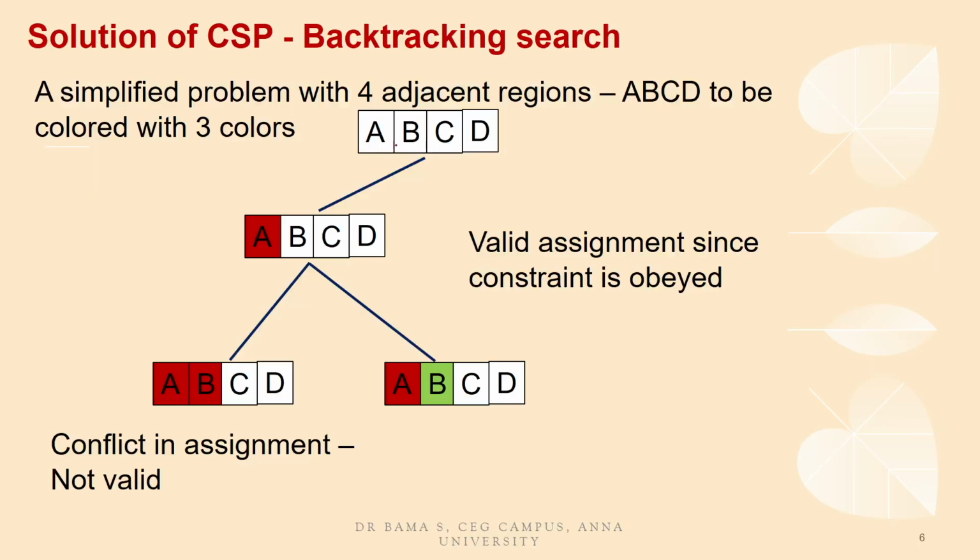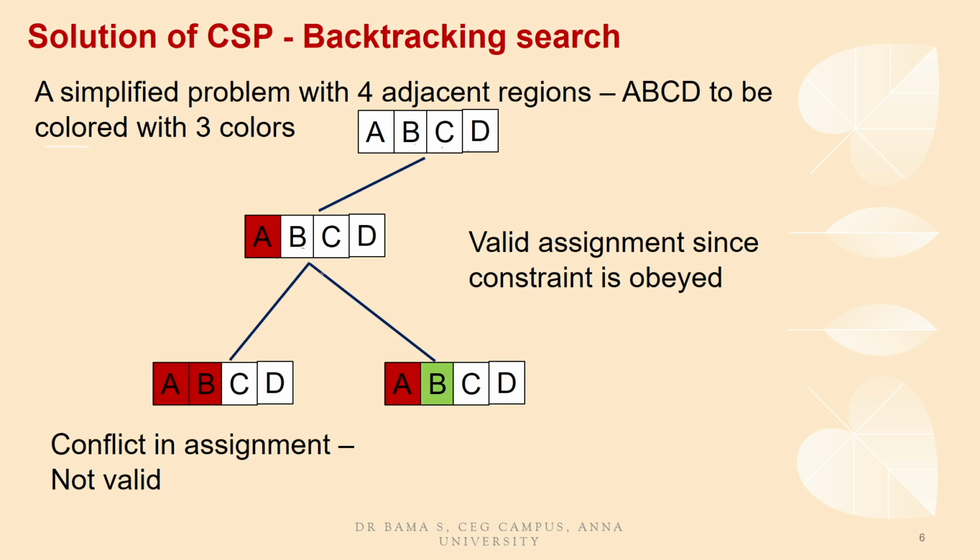And one of the examples we saw again here is having the 4 blocks A, B, C and D, where the two adjacent regions should not have the same color. So, according to that algorithm, we pick up any two adjacent regions. Suppose we pick up A and B here, and here it is a valid assignment because that constraint is obeyed.